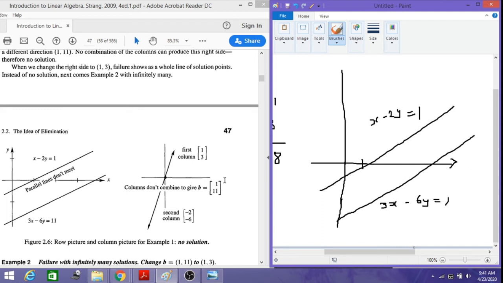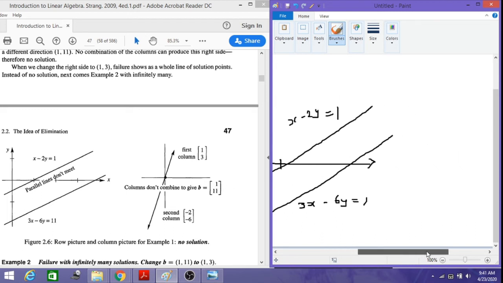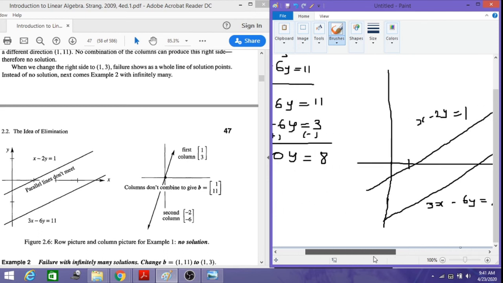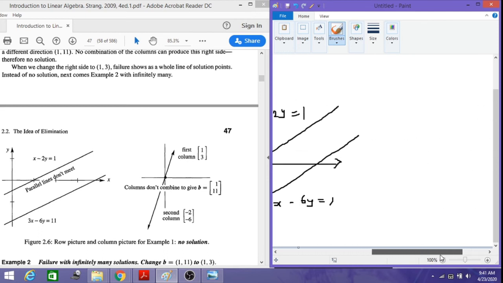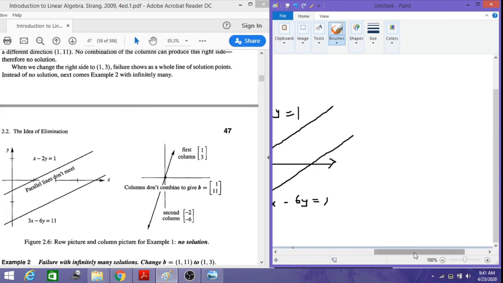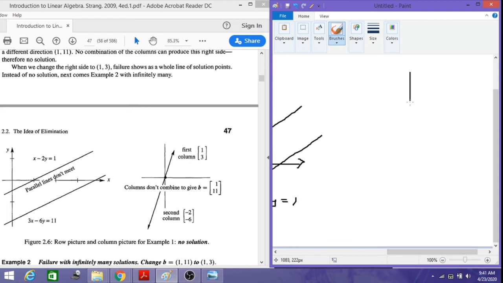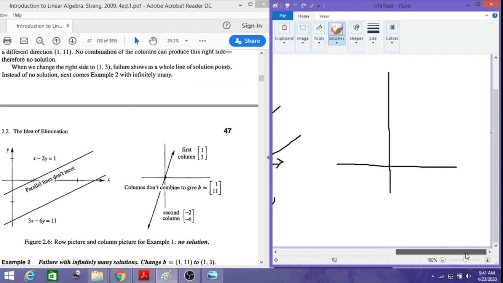So if you try to write this in vector form, the vector form looks this way. This is the row picture. Now the column picture you should also understand. If you write it in vector form, the column picture, both these vectors are moving in the same line direction, something like this.